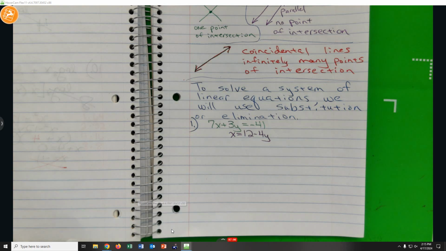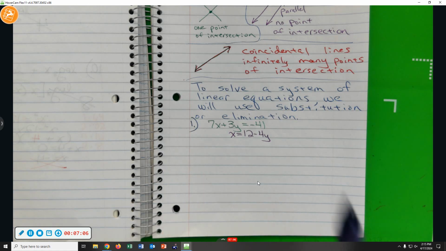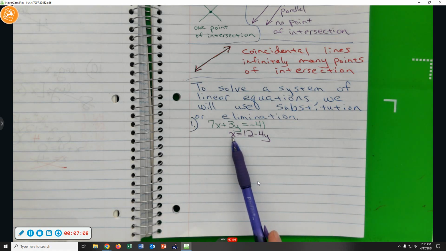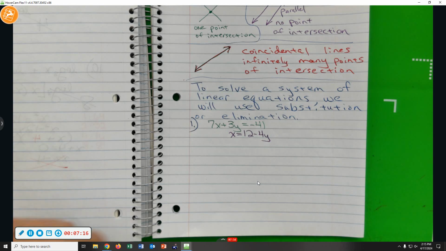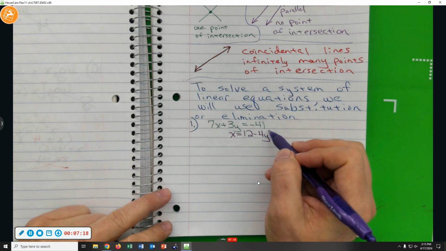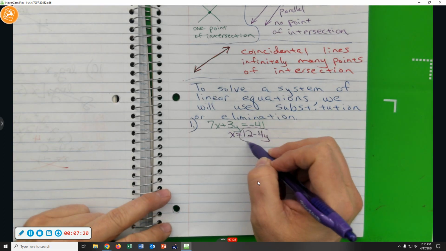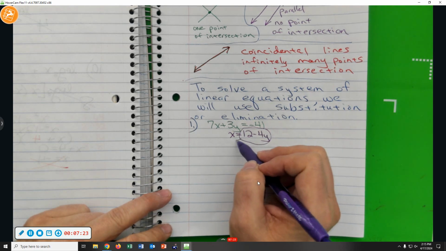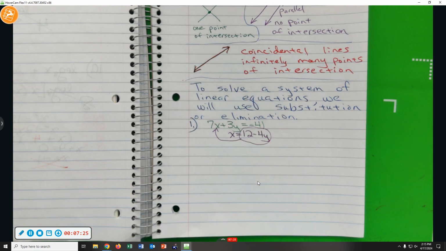And this is called the substitution method, so we're going to do some substitution. With substitution, you need one equation solved for a single variable. And fortunately, this one's already solved for x. So what we're going to do, we're going to take the 12 minus 4y, and we're going to substitute it for x into that green equation.